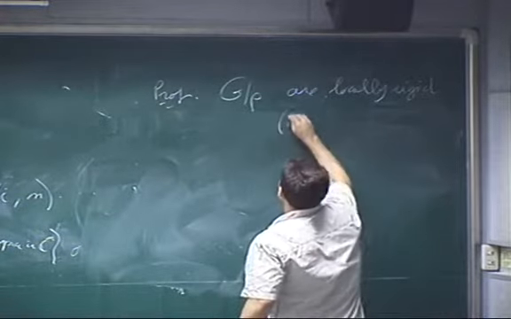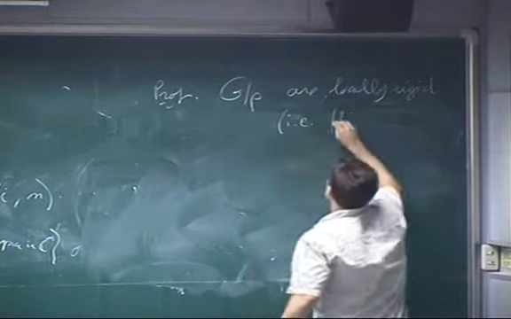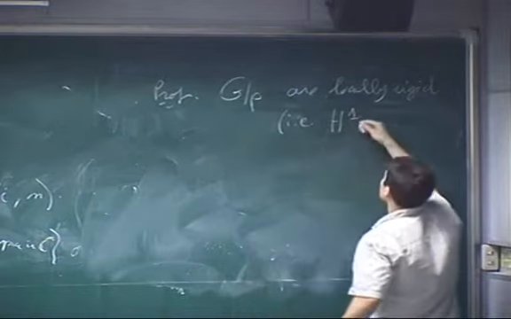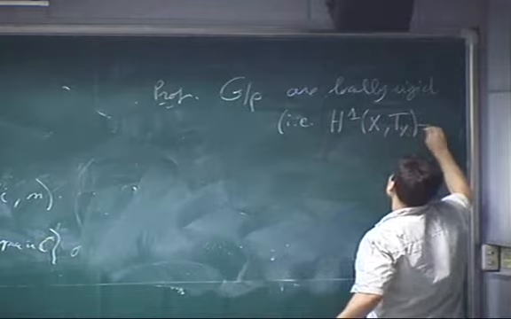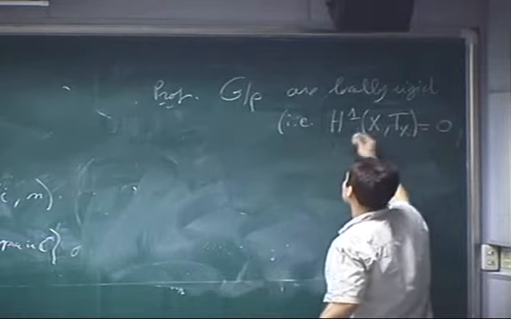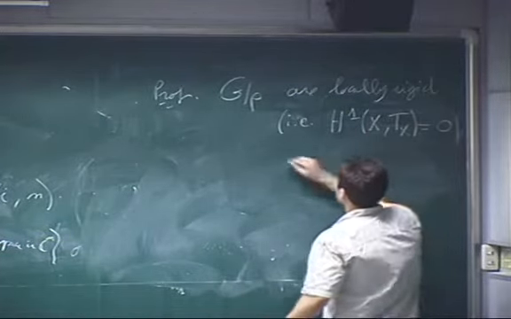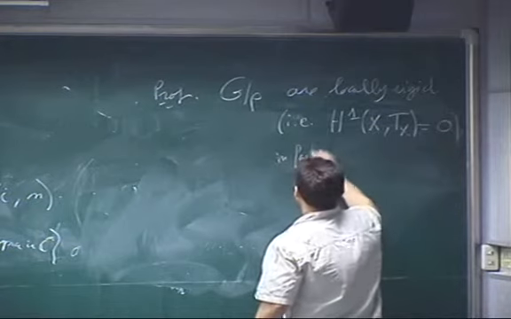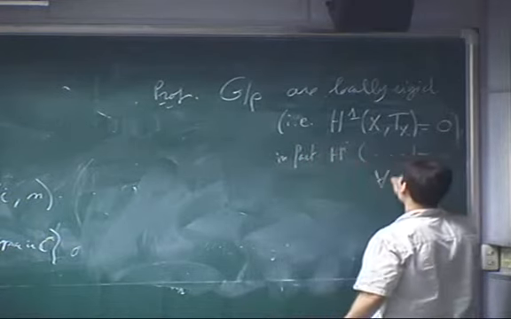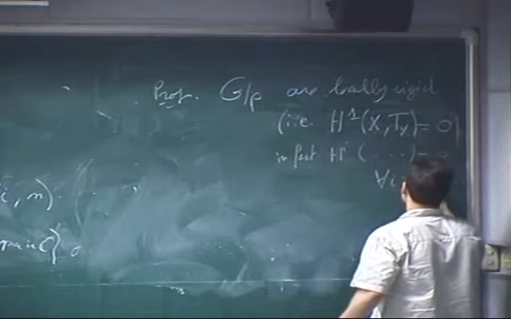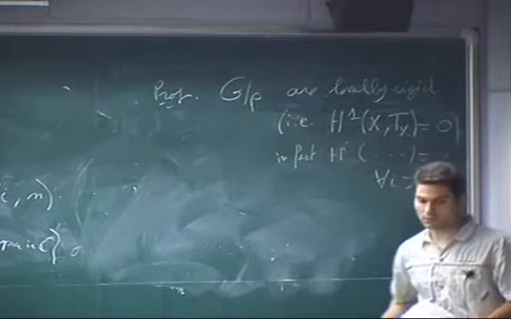Or in other terms, the cohomology in degree 1 of the tangent bundle is 0. So in fact, we have this for all i strictly greater than 0.